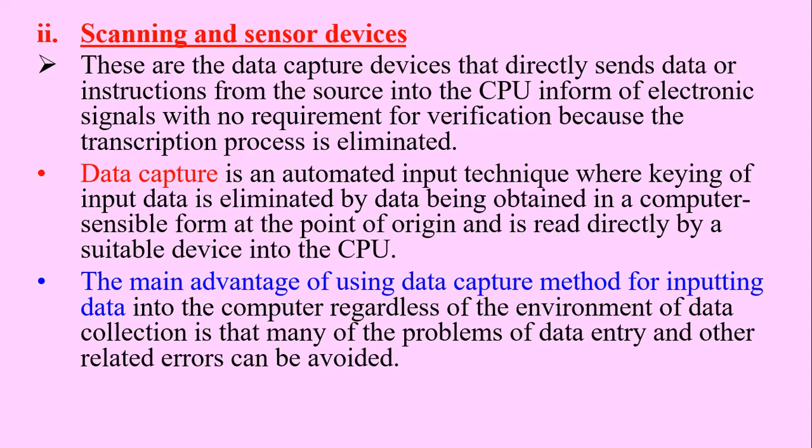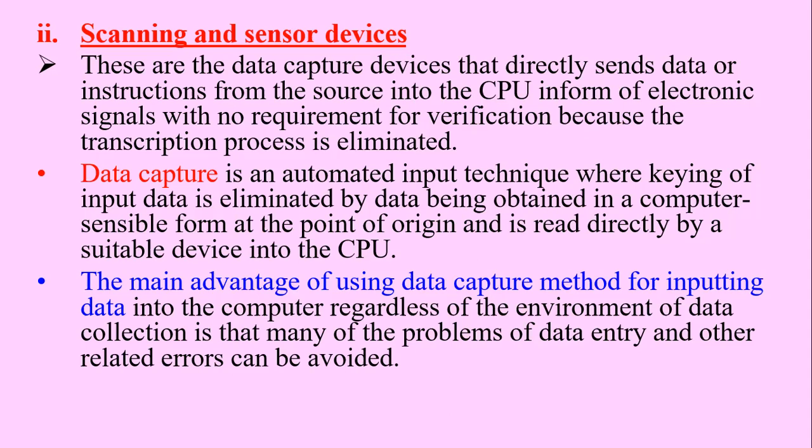The second category of direct entry devices is called the scanning and sensor devices. These are data capture devices that directly sense data or instructions from the source into the CPU in the form of electronic signals with no requirement for verification because the transcription process is eliminated.